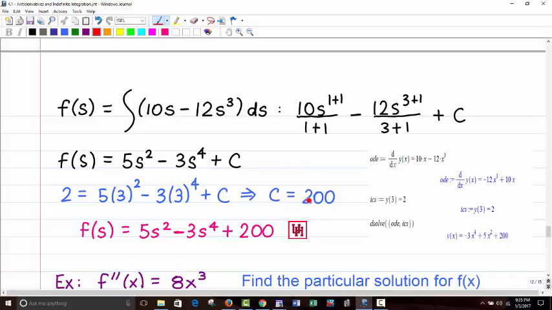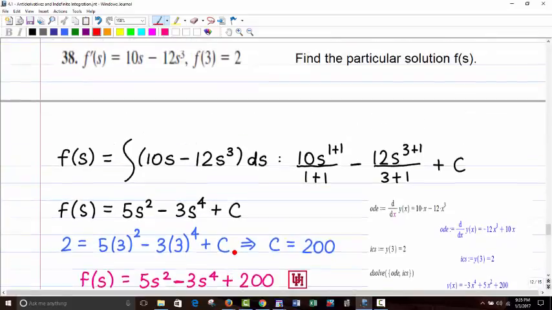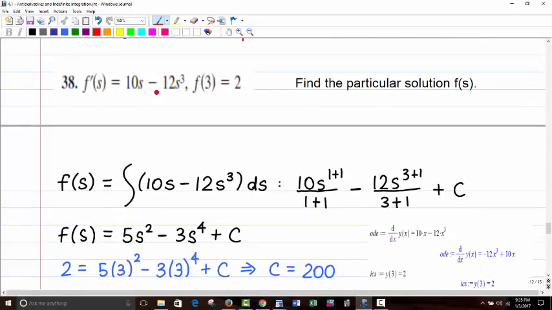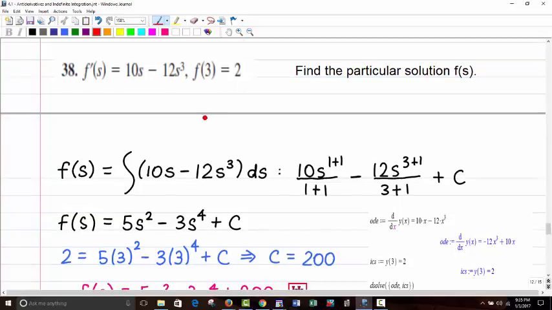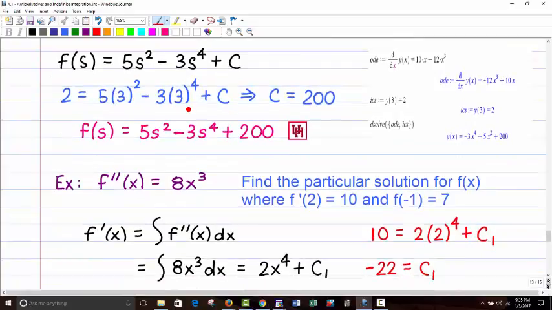But I got c to be 200 to make this equation be true. Therefore, our particular solution now for f of s would be f of s equals 5s squared minus 3s fourth plus 200. So that means that this problem satisfied two conditions. Its derivative would be 10s minus 12s cubed, and then f of 3 would equal 2. So it satisfies that extra condition.